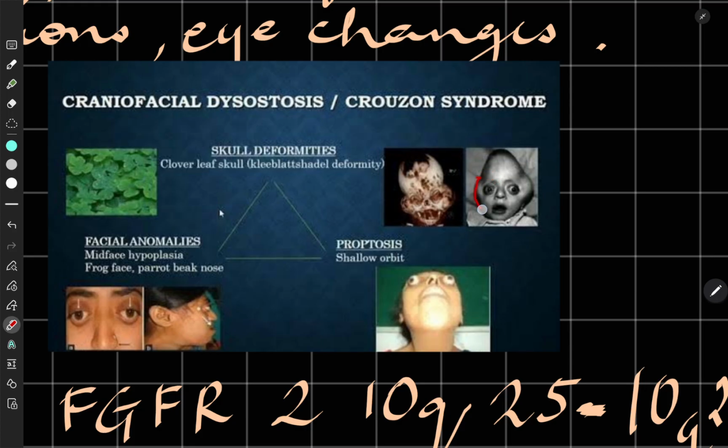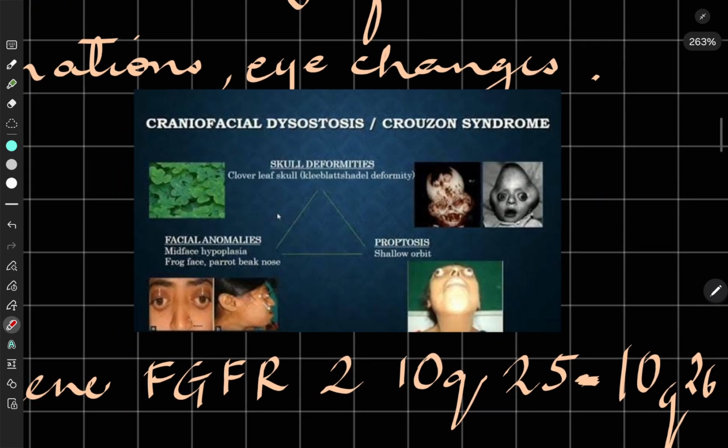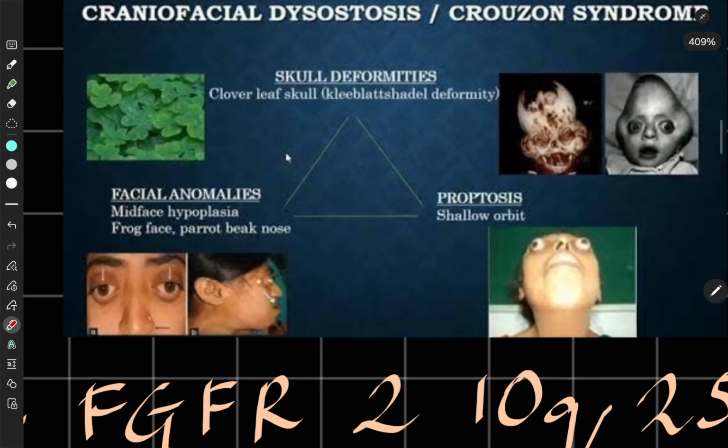You see this clover leaf like structure of the head. Here the bony part also. You see there is this suture which is not fused. Then there is proptosis or exophthalmos. You see the eyes popping out of the eye sockets, as well as there are facial abnormalities. There is mid-face hypoplasia. There is not normal growth of the mid-face.